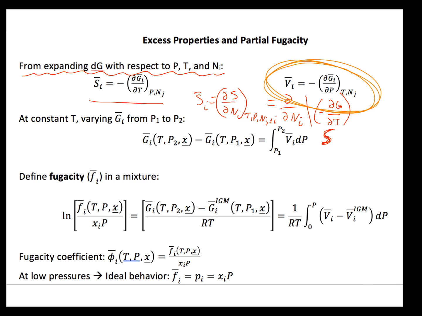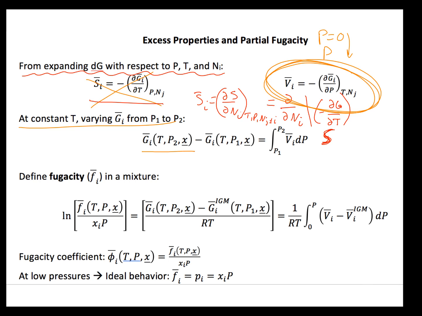that the change in volume going from basically pressure equals 0 to some pressure is related to the Gibbs free energy. And that's how we basically define the fugacity. So in the next equation, at a constant temperature, going from P1 to P2, which means this entropy term goes away in our expansion of Gibbs, we're only left with this expression here.